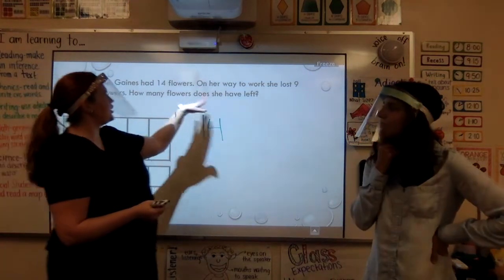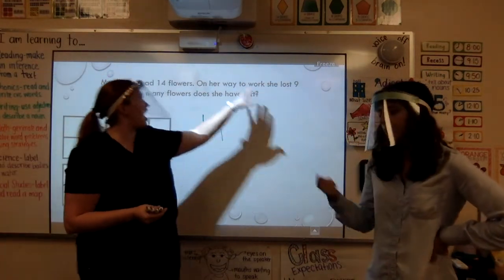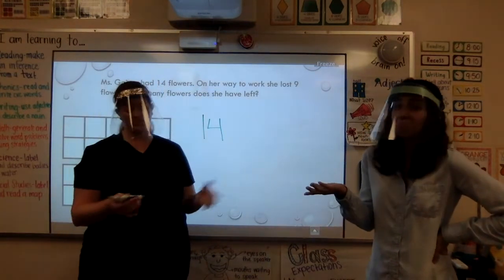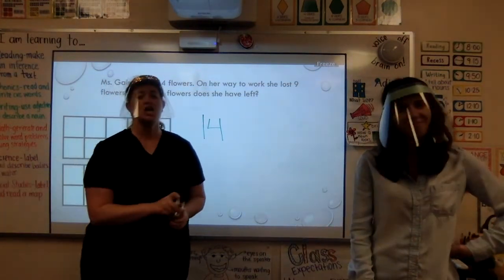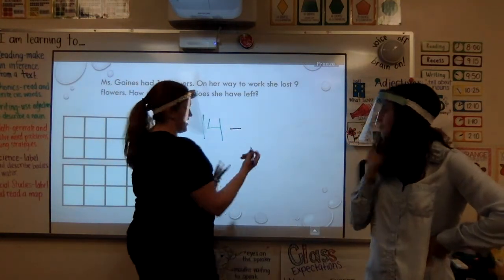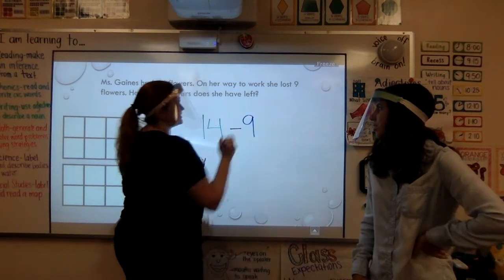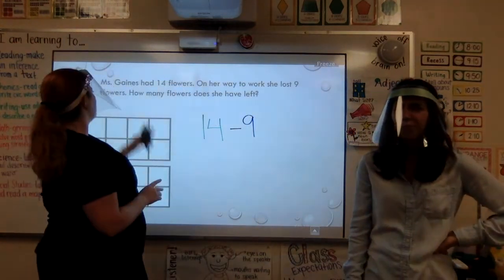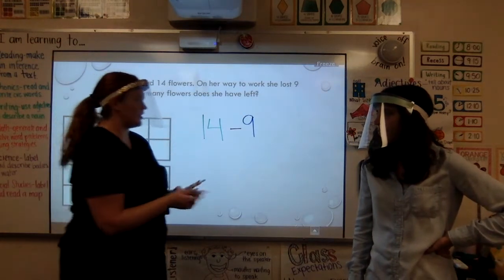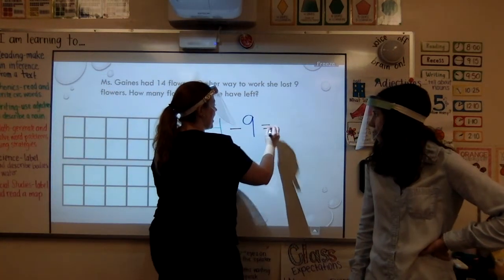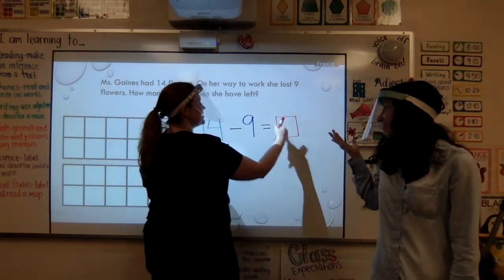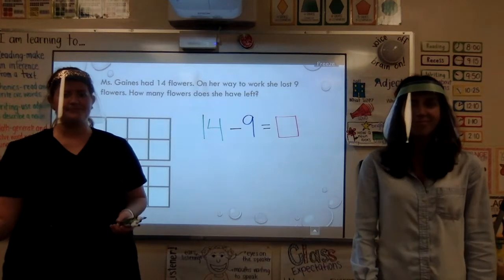Then it says, on her way to work, she lost 9 flowers. If she lost them, she doesn't have them anymore. I'm taking them away, so it's minus 9. Poor Miss Gaines. That's so sad. How many flowers does she have left? I don't know, so that's what I'm solving for. I want to see what that result is. How many flowers does Miss Gaines still have?